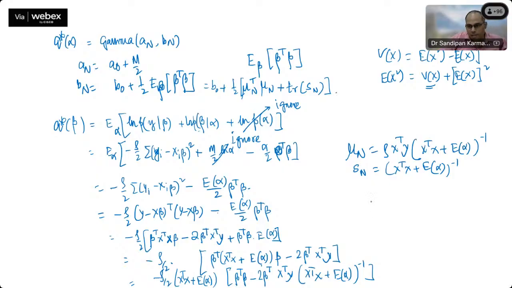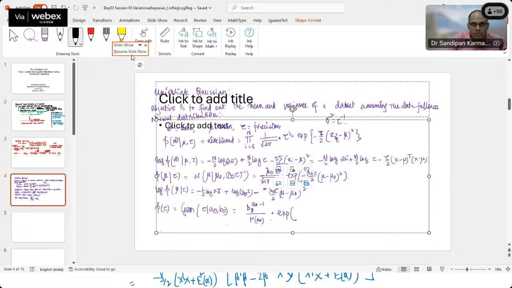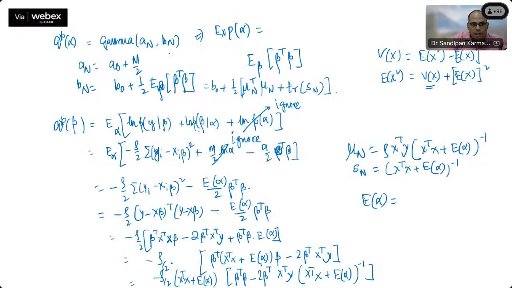Now what is E alpha, by the way? Alpha is actually following a gamma distribution, and for a gamma distribution the expected value of alpha is An by Bn. So expectation of alpha equals An by Bn.